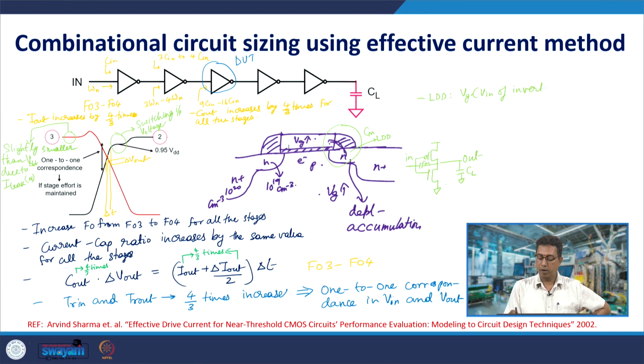When it increases, the N type LDD goes from depletion to accumulation. This causes a sudden increase in the coupling capacitance C, and therefore, you observe.